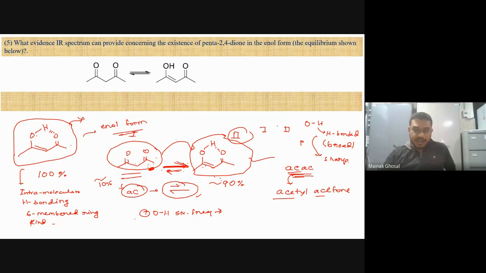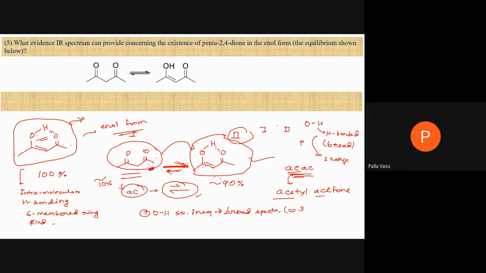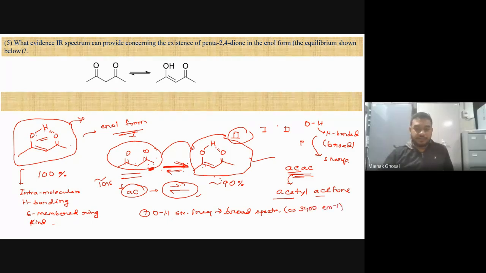Now here, this OH is hydrogen bonded, so it will show a broad spectrum. What is the approximate region of this stretching? Sir, 3400 to 3200. Yes, that region, almost 3400.